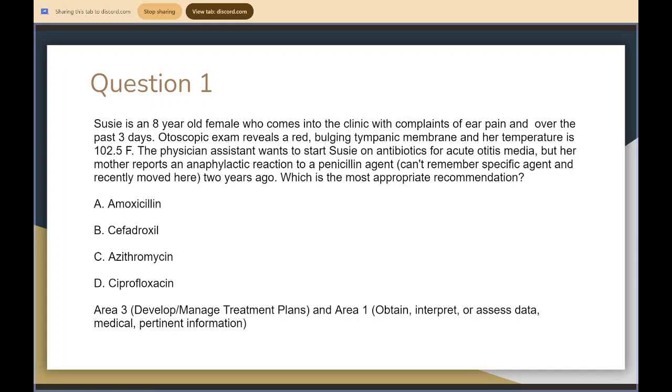I will also say in questions like this, if they have a true anaphylaxis or severe allergy to penicillin, it is safe to rule out most cephalosporins. If you go back and review cephalosporins and you see one that has no chains common with amoxicillin, definitely make a note of that.